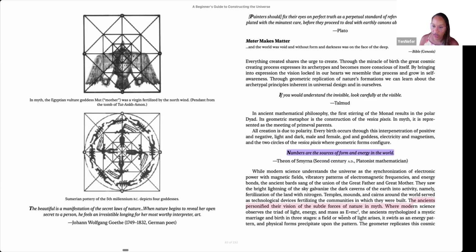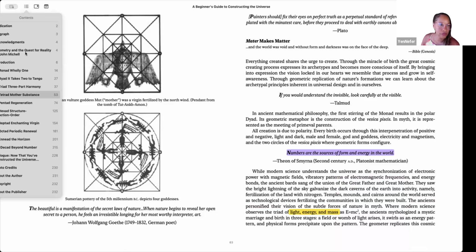So yesterday in the triad, we saw the correlations of modern science. This is how modern science sees the triad: light, energy, and mass. And I actually highlighted that.